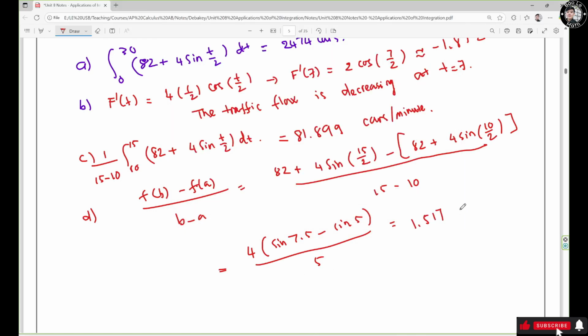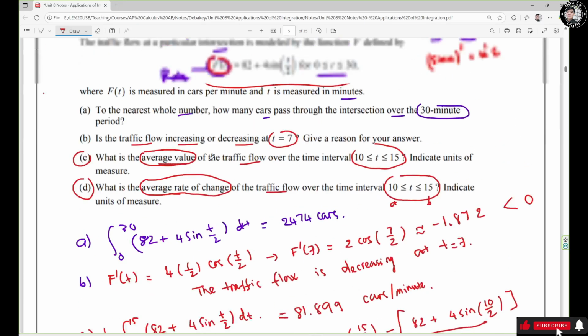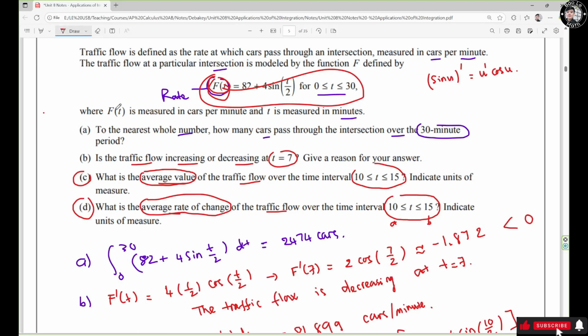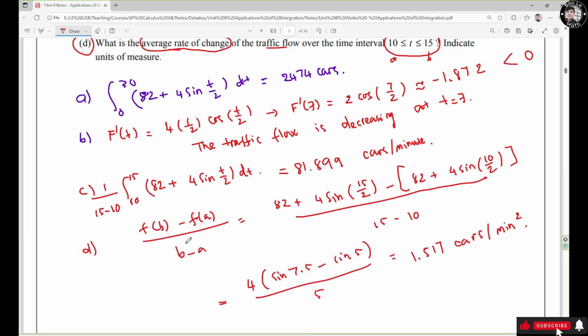The unit should be cars per minute squared, because the unit of the function f of t right here is cars per minute. Then you divide by time right here, which means dividing by minutes. That's why you have minutes squared right here.